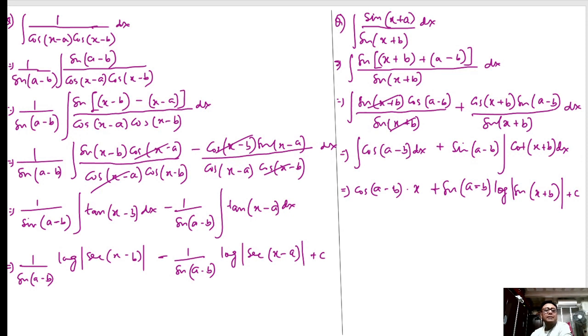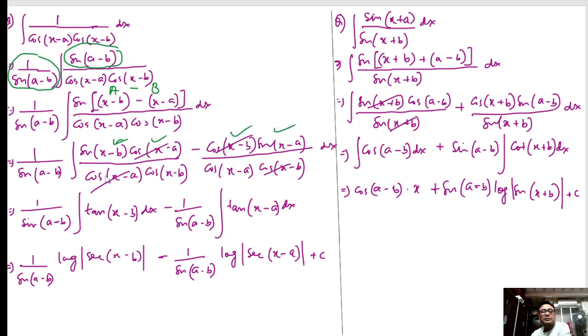Okay friends, so next sum says this. So we are adjusting with the help of sine a minus b up and down, and then a minus b can be written in this form, which is looking like sine a minus b is sine a cos b minus cos a sine b.